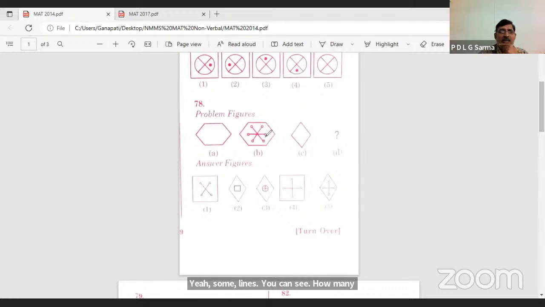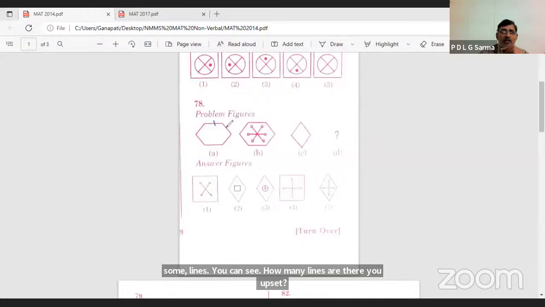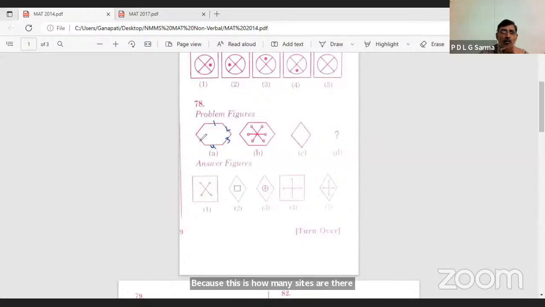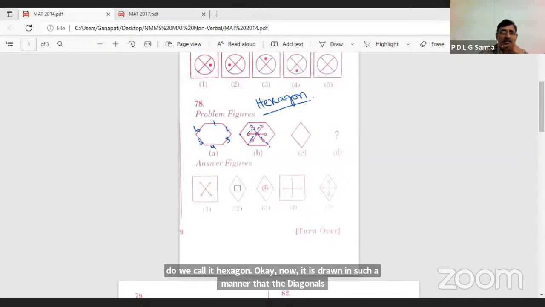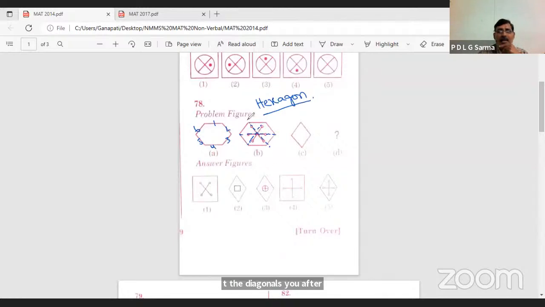How many sides are there, you count? 1, 2, 3, 4, 5, 6. So you can observe that this is a hexagon. Now it is drawn in such a manner that the diagonals, the opposite vertices, are joined, but not completely joined till here, and followed by circles.